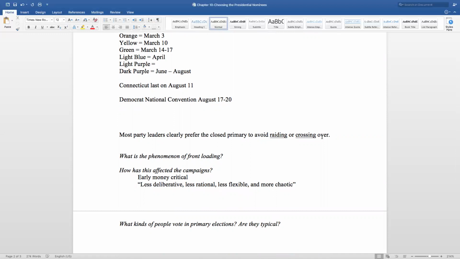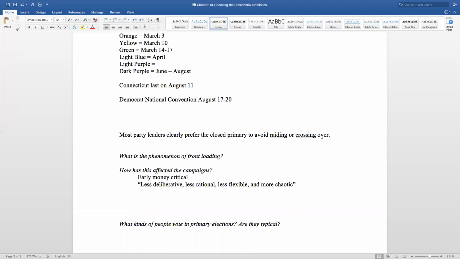So crossing over is more of a benevolent term, where let's say I'm a Republican, but there's an open Democratic primary. I don't have to register as a Democrat to vote in that, and I maybe benevolently want to. I have some thoughts about who I want to be the Democratic nominee for that state, and I'm not doing it in a bad way. I just want to go vote, right?